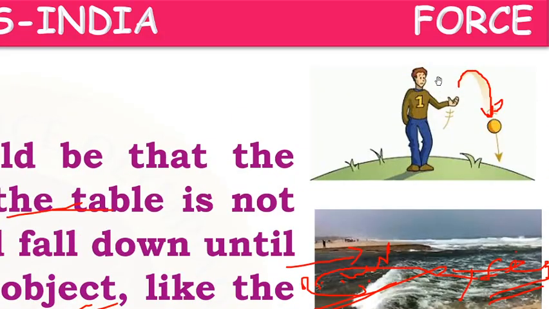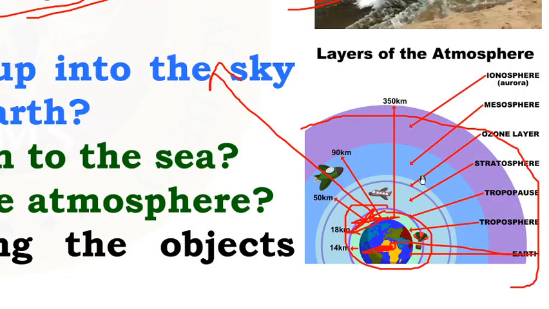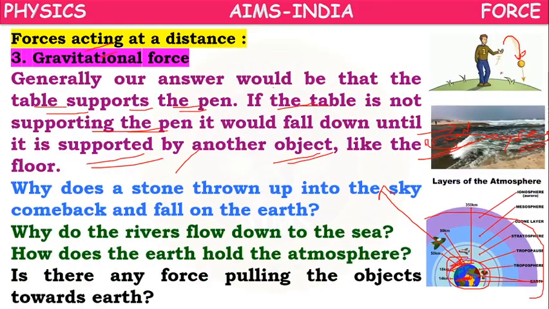So here, the stone is falling down, the river is falling down into the sea, and the atmosphere is there above the surface of the earth. Through all these natural phenomena, the earth is able to hold the atmosphere.